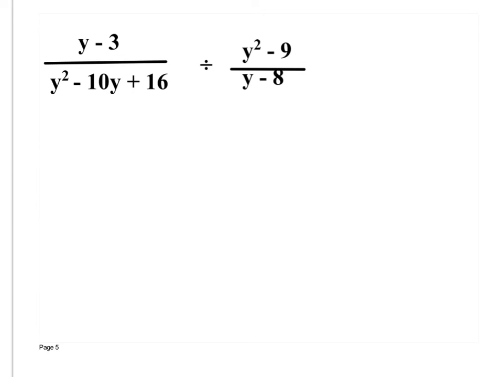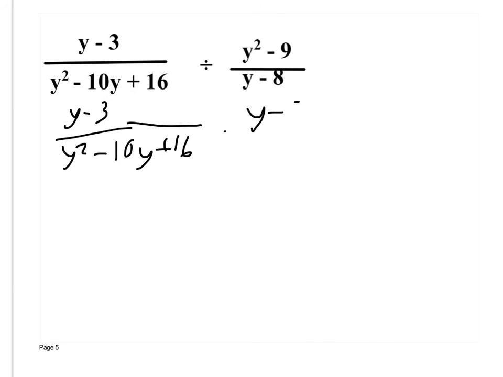Y minus 3 over y squared minus 10y plus 16 divided by y squared minus 9 over y minus 8. First thing I do is I rewrite this as a multiplication problem, timesing by the reciprocal. And then what I do is I break everything up I can.